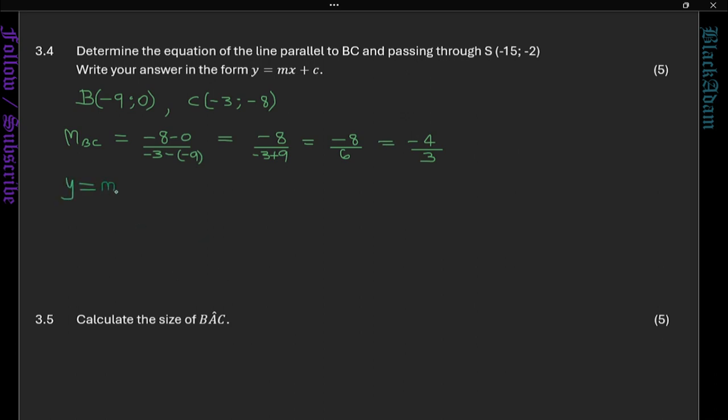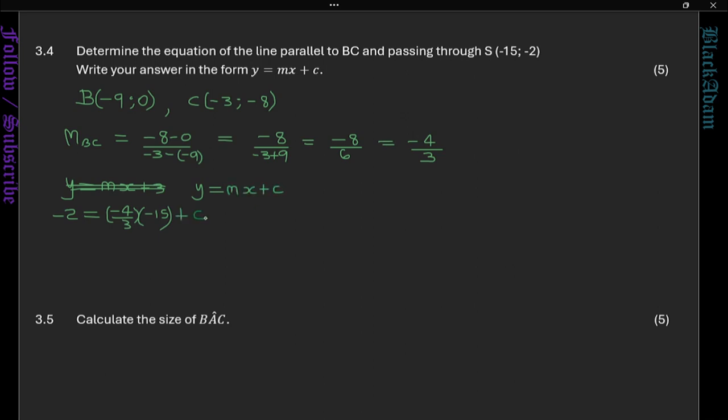And then y there we have gradient times x plus c. We need to find c. Yeah, we need to find c. So that's negative 4 over 3 bracket, x is negative 15. So y is equals to mx plus c.